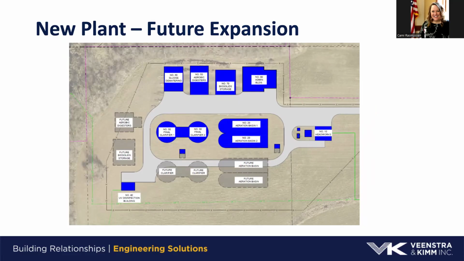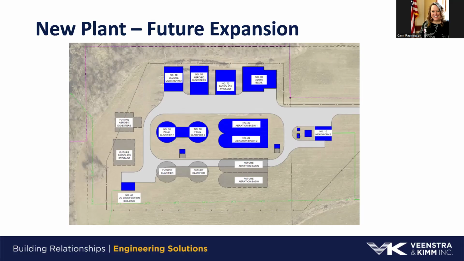We're not installing that, but it has the space for future. And then also aeration basins and clarifiers can all be duplicated. So this plant site is available for the next 50 years, setting the city up for future growth and leaving it in a good position.